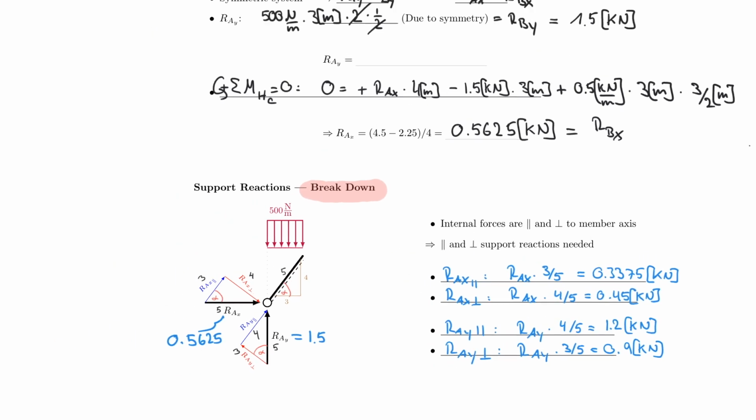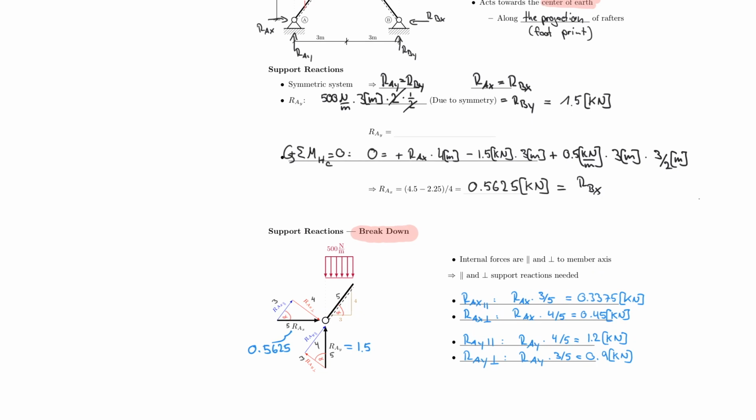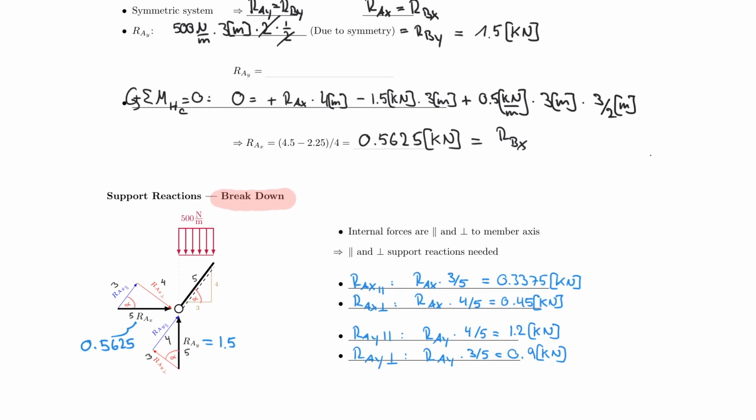So I can move on now to do the same thing that I did before, right? Remember that we now need to combine the perpendicular components and we need to combine the parallel components to end up with an easier calculatable system. So let's move on to the next page.